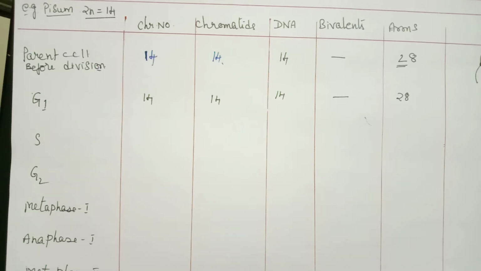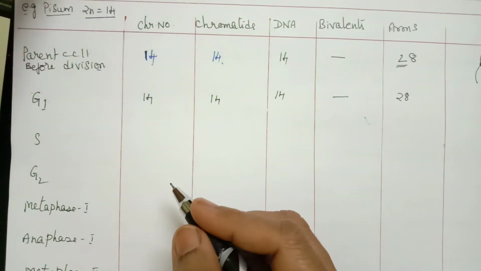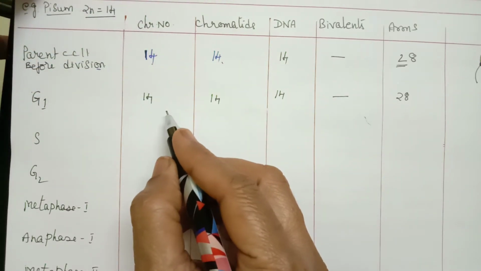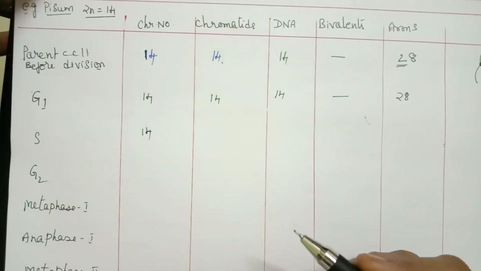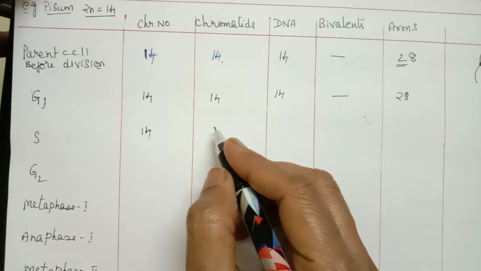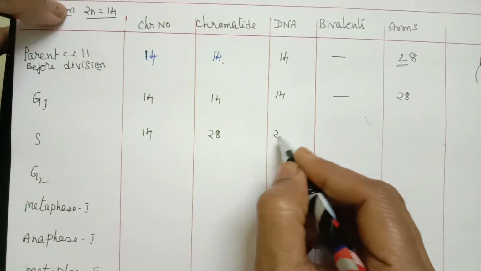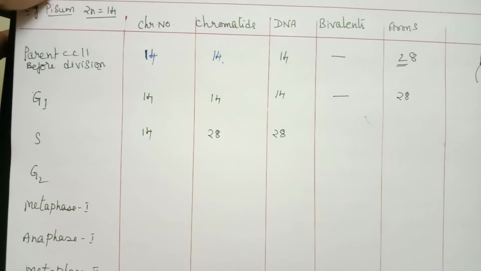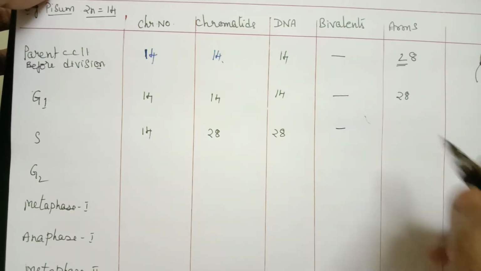Okay, now in the S phase, you know it is a synthetic phase where DNA replication takes place. So in S phase, chromosome number will remain the same, that is 14, but chromatid number will double, 28. DNA also will double, 28. No bivalents are formed here.